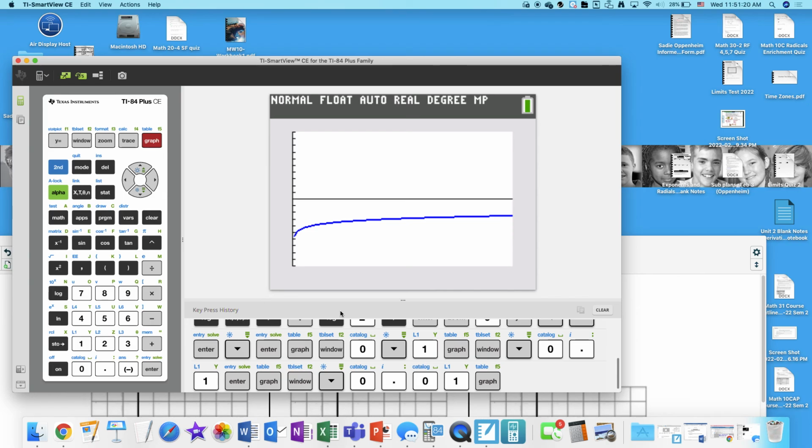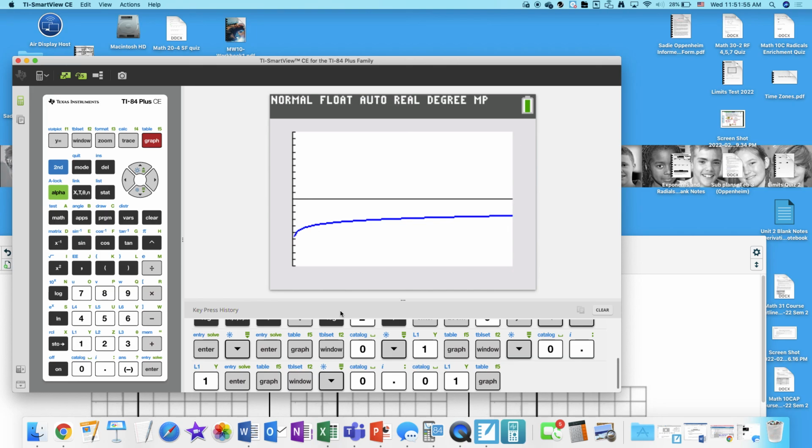Let's talk about what's actually going on there. What's going on there is that there's a vertical asymptote. But it looks so much like a vertical line that your calculator will not graph it, because these calculators will only graph functions, and a vertical line is not a function. So you need to know that there is, in fact, a vertical asymptote. It's going to get infinitely close to the y-axis but never touch it, even though when you graph it using technology, you may not see that.